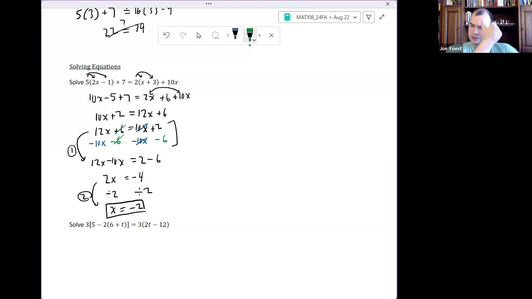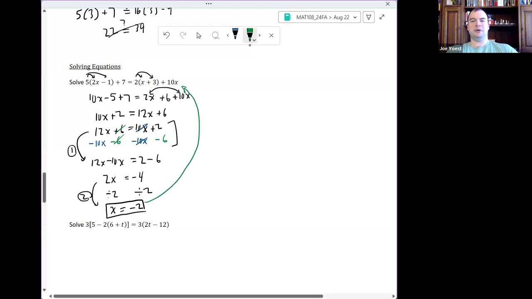And then let's check. I think x equals -2, but let's go back to the original equation all the way at the beginning, plug x equals -2 in, and see if that works. Again, I'll put a little question mark above my equals because I'm checking. I haven't checked that it works already.